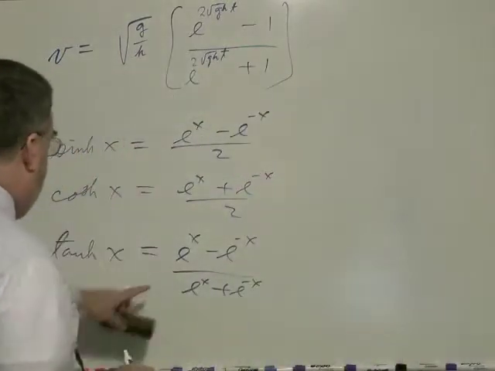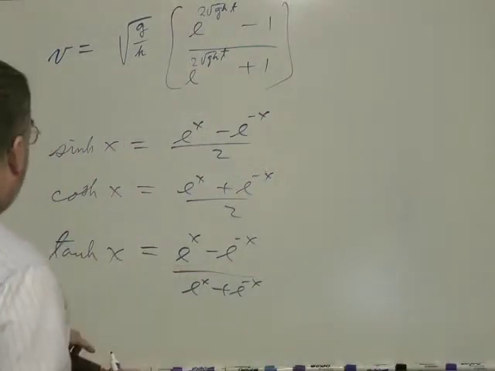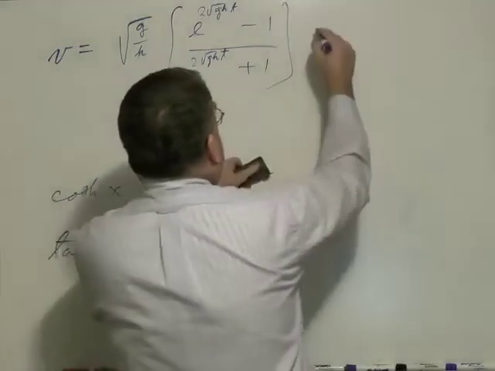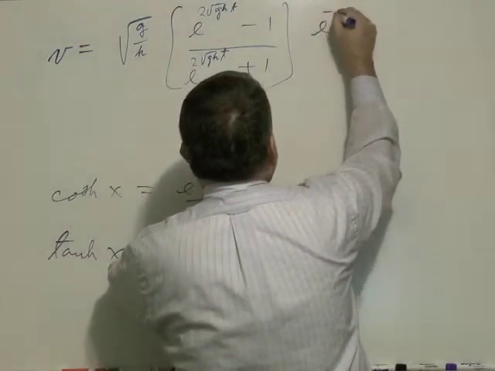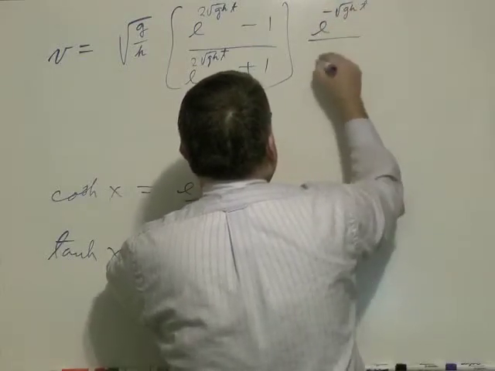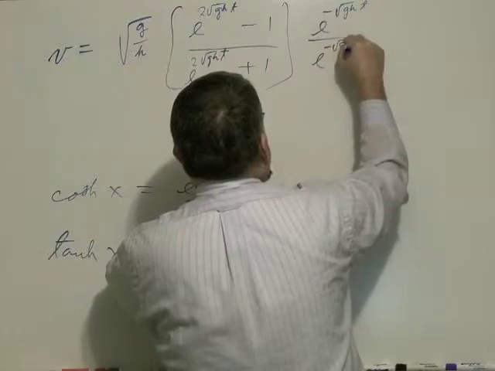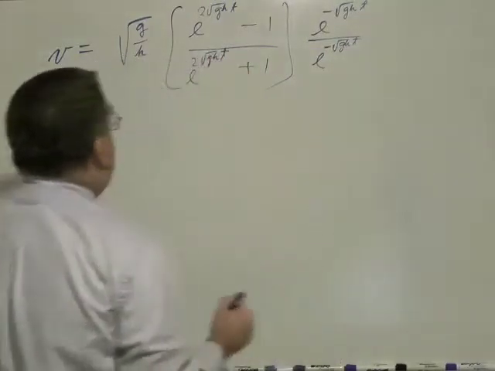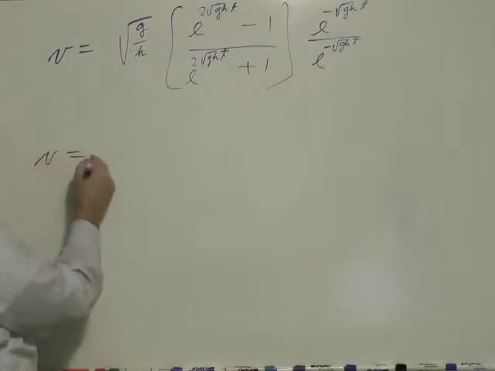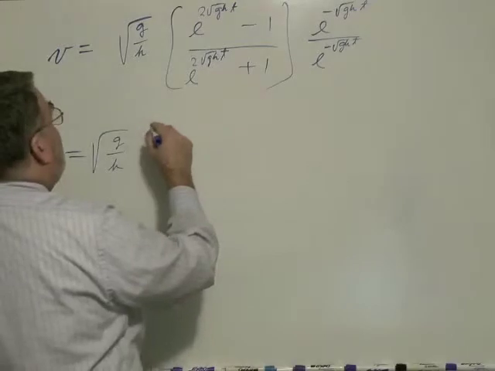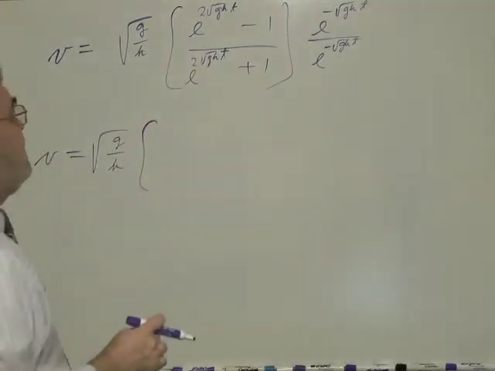Alright, so remember that this is the tanh function. Now, what am I going to do with that mess up there? I'm going to multiply top and bottom by e to the minus square root of gk times t. And when we do so, we'll get the velocity function, square root of g over k, equal to that mess.